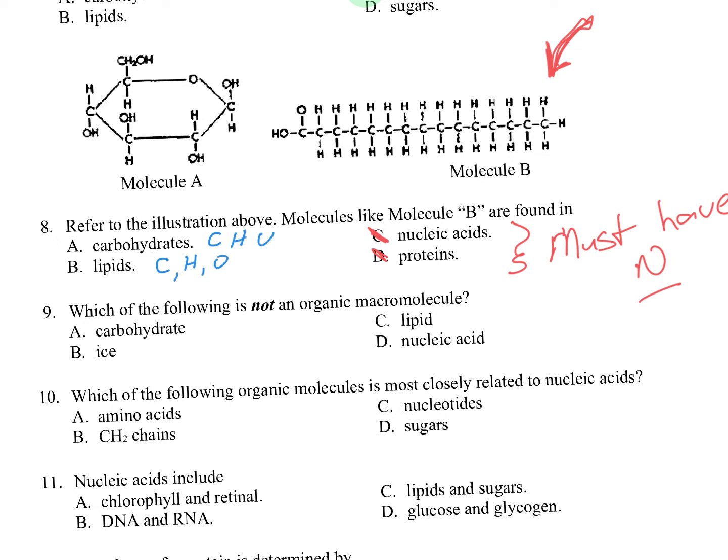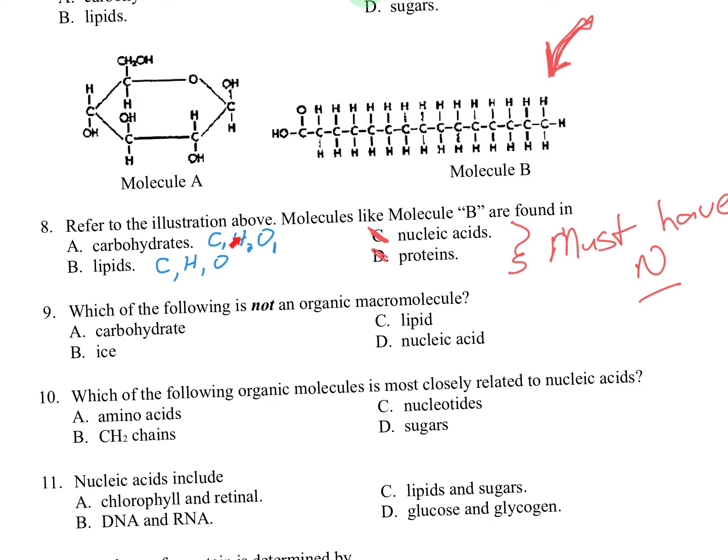That's right. In carbohydrates, I expect to see a 1 to 2 to 1 ratio. So I expect to see an oxygen for every carbon. Let's take a look at this one. There's a carbon here, there's an oxygen there. Carbon here, there's an oxygen. Carbon here, there's an oxygen. Carbon here, an oxygen there. Carbon here, an oxygen there. Carbon here, an oxygen here. And carbon here, and there's an oxygen. For every one of these carbons, there's an oxygen.